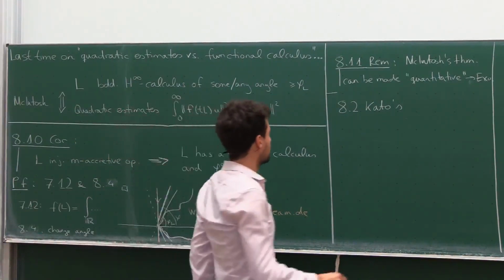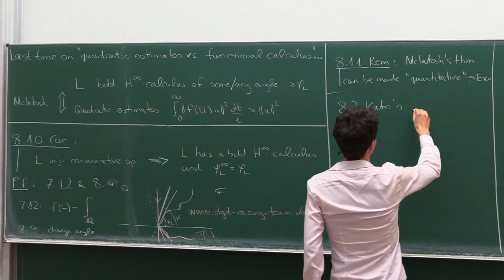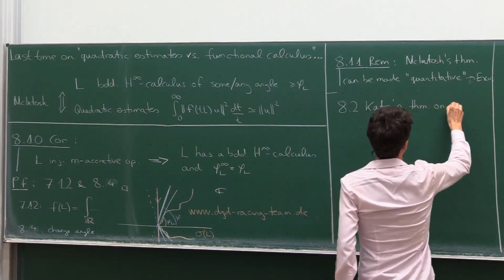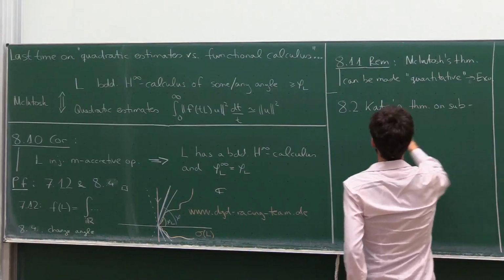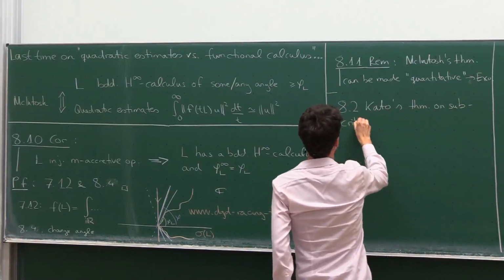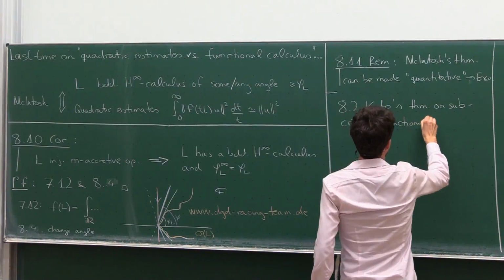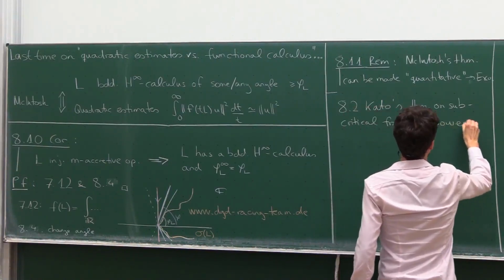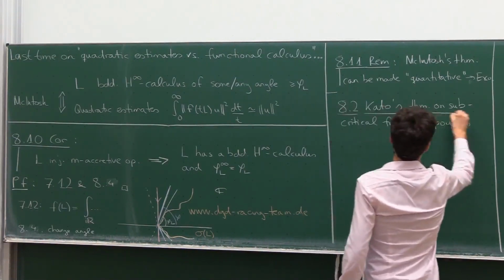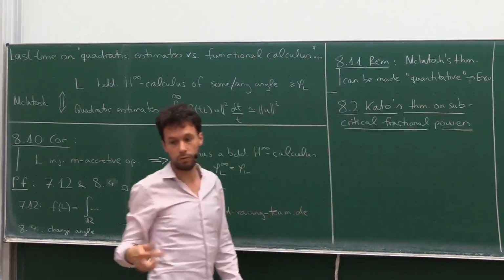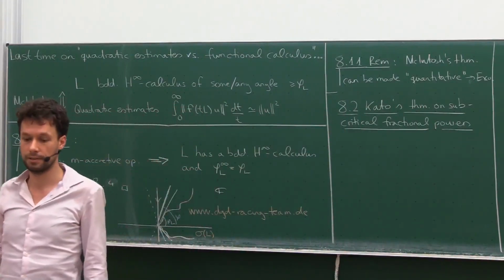So this section is called Kato's theorem on subcritical fractional powers. I'm going to explain all the terminology for you.